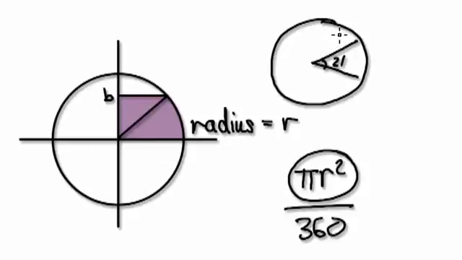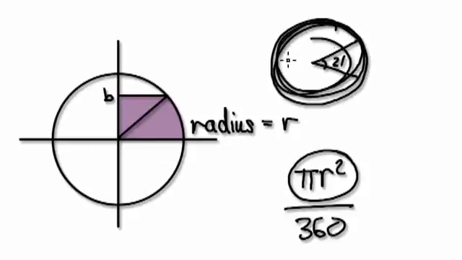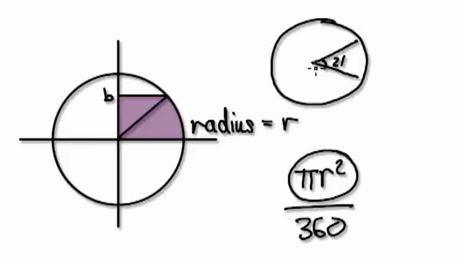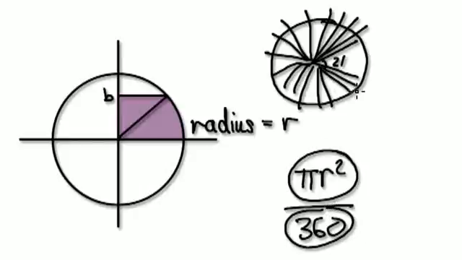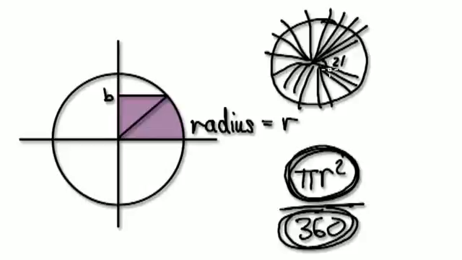Once we pi r squared it, that would give us the area of the full circle. And then we would have to cut it up into 360 equal pieces. So that's us dividing by 360. What I'm trying to say is work out the area of the full circle and then cut it up into 360 equal pieces.